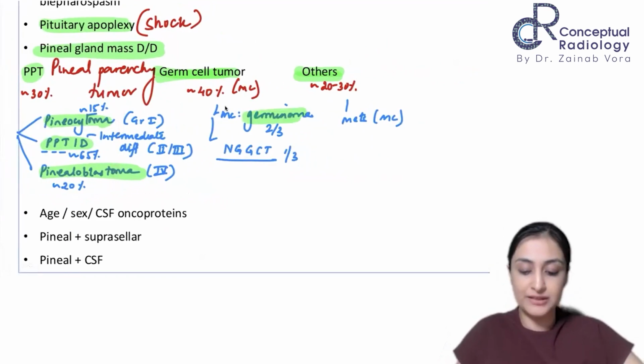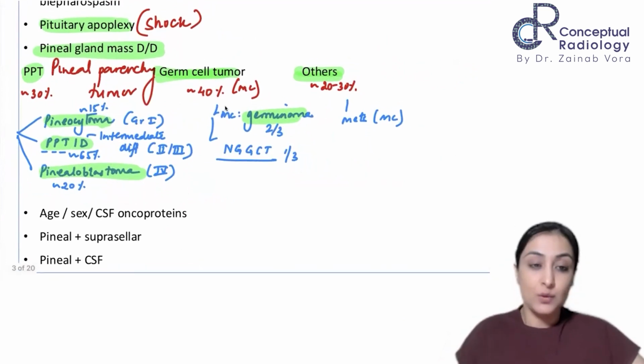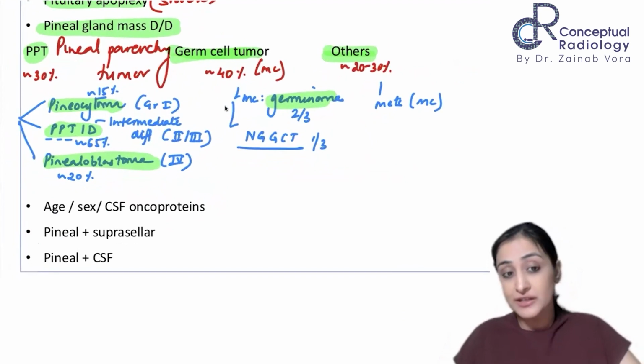Mainly these four lesions, we are going to see the imaging patterns, and we'll look at some other differentials as well. What really helps here, apart from the imaging features, in differentiating them is the age of the patient.